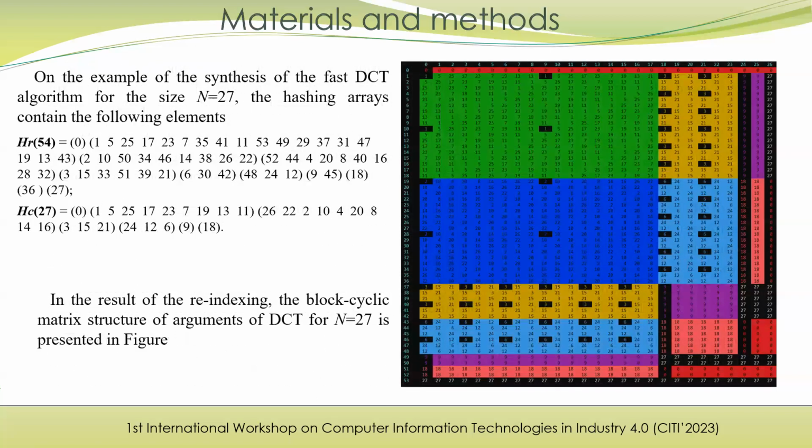On the example of the synthesis of fast DCT algorithms for size 27, the hashing array contains the following elements: hashing array row, hashing array column. As a result of the indexing, the block cyclic structure of arguments of DCT is presented on the figure.